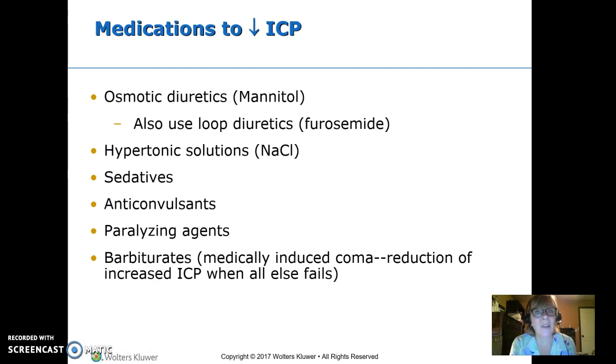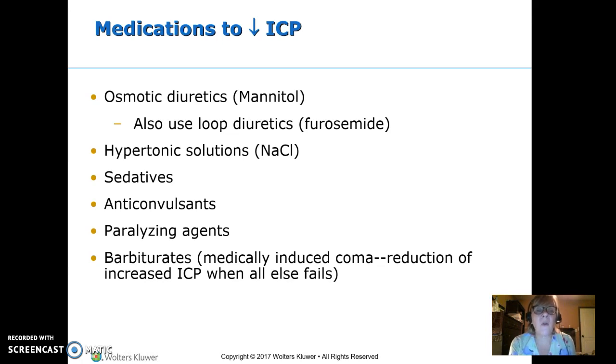So kidneys have got to be working, because that's how you get rid of it, through the urine. And the goal is it pulls fluid, and usually we're trying to treat cerebral edema. We can also use those loop diuretics like furosemide. That just makes you dump, and then because you're a little bit hypovolemic intravascularly, things are going to shift. So it doesn't have that same osmotic pull.